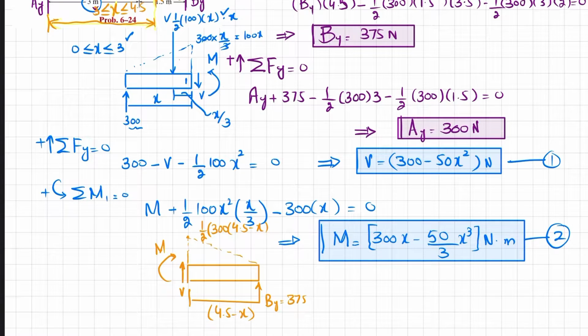And that will be acting at a distance of this distance, and this distance I will write over here. This will be 4.5 minus x divided by 3.